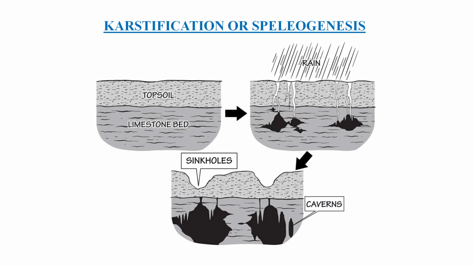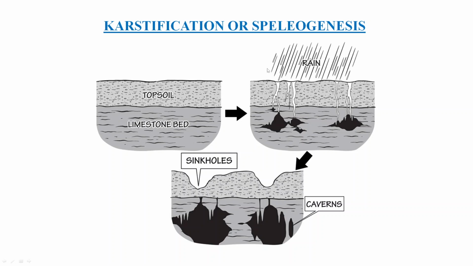This is a very schematic but nice representation of how these processes operate in the subsurface regime. You have this limestone bed, a chemically or biochemically derived non-clastic sedimentary rock, overlain by topsoil.